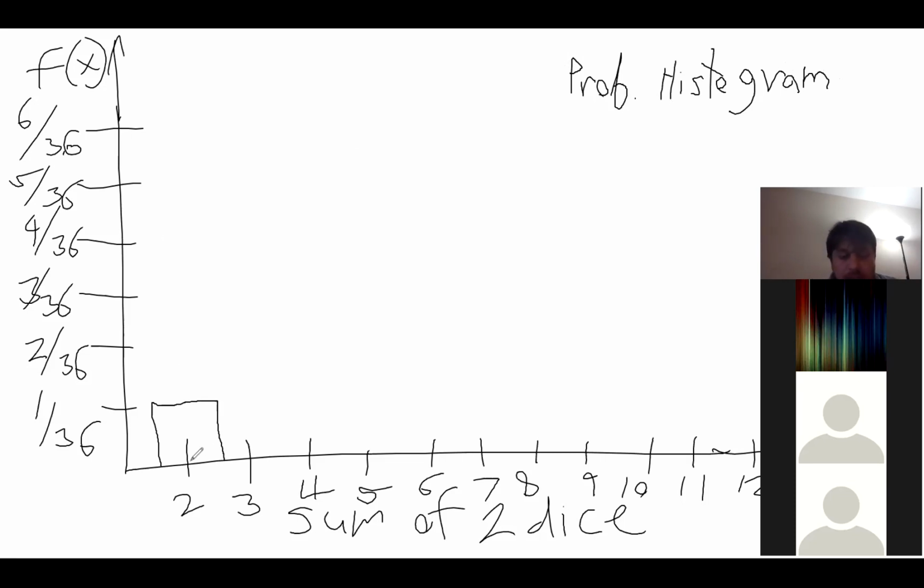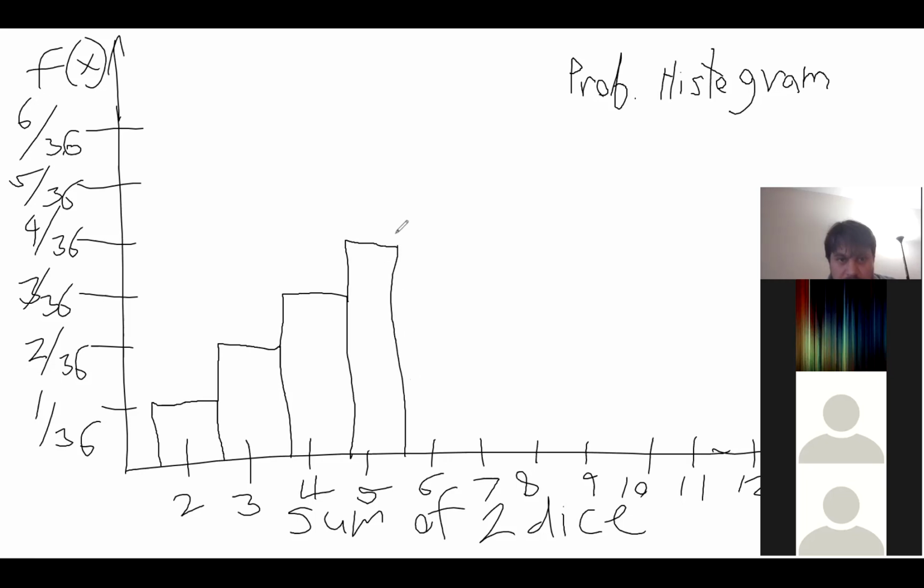Okay, so here the probability of getting a sum of 2 dice is 1 over 36. Probability of getting a sum of 3 is 2 over 36. The probability of getting a sum of 4 is 3 over 36. Probability of getting a sum of 5 is 4 over 36. The probability of a sum of 6 is 5 over 36.